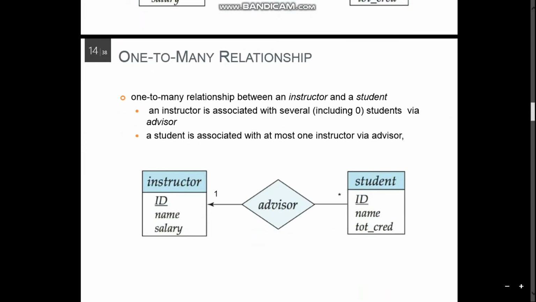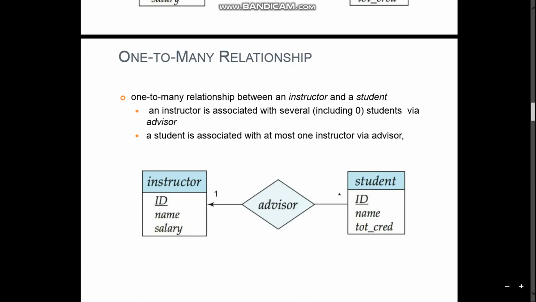One-to-many relationship: we can say that one instructor is advisor for many students, or that many students are advised by a single instructor at one time.